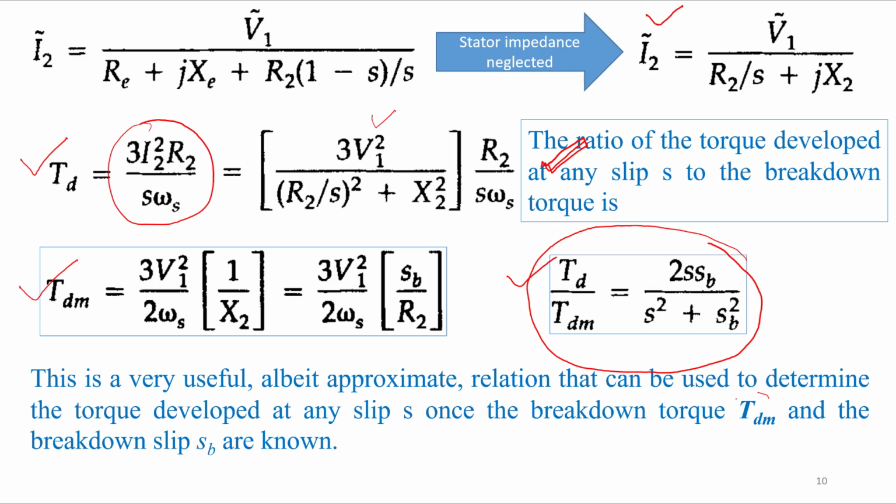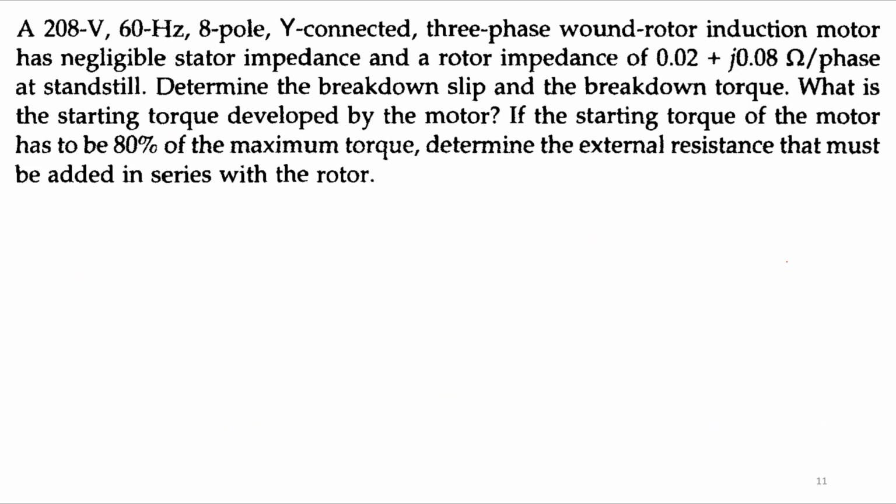If we know T_dm and SB, then we can easily calculate the torque at any slip, whether it is starting or the no load condition, from this expression, right? Now let us move to this example. This example will help you in tomorrow's lab exam, for those who will get this experiment.